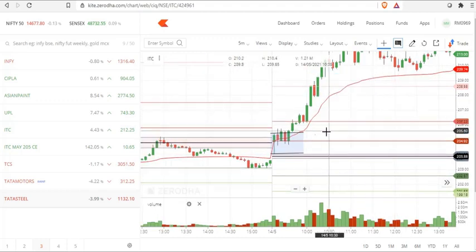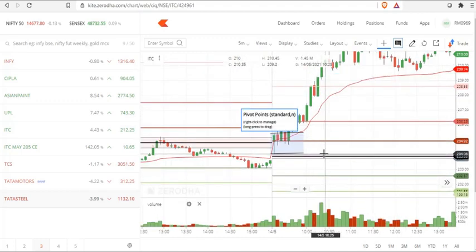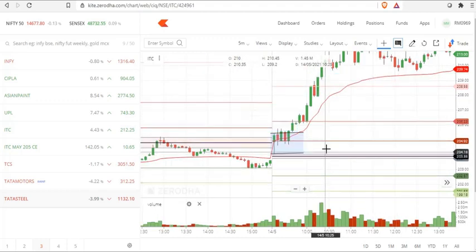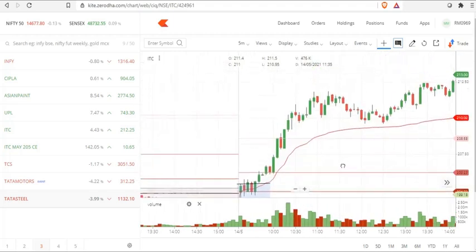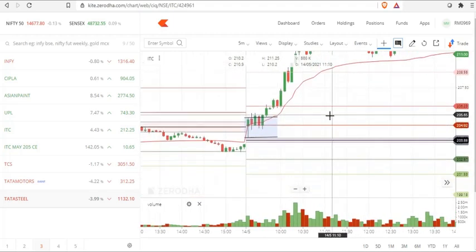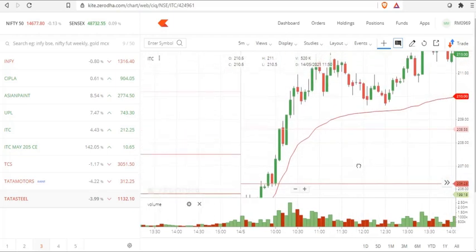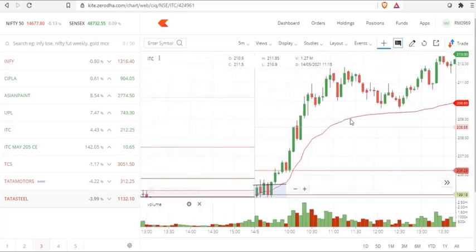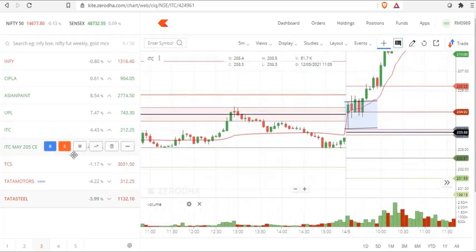It's also working fine. The RR ratio is very good because this is strong support on CPR 204. Our entry is 205.5, and from 205.5 it goes much higher.